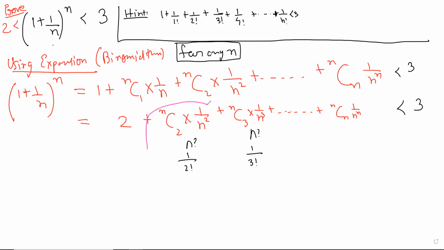So can we prove this? Last time we showed this is less than 1, but now we are showing it's less than 1 by 2 factorial. So it's better, not just less than 1, but less than 1 by 2 factorial.